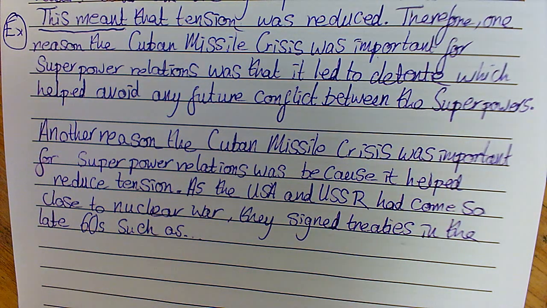You probably noticed that in my previous paragraph I didn't mention any of those treaties in the late 60s, such as the Outer Space Treaty or the Nuclear Non-Proliferation Treaty. I did that on purpose. Sometimes writing a good exam answer is about saving your knowledge for a later paragraph.